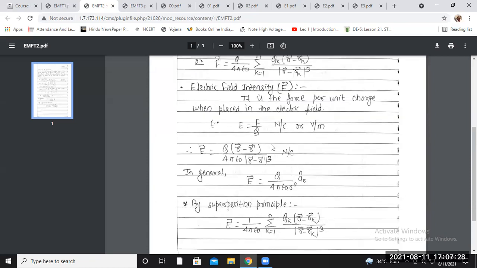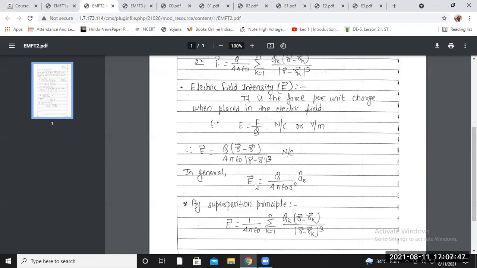Accordingly, if you want to write the equation of the electric field intensity, this will be the equation for your charges, in vector notation, with the unit taken as Newton per coulomb.